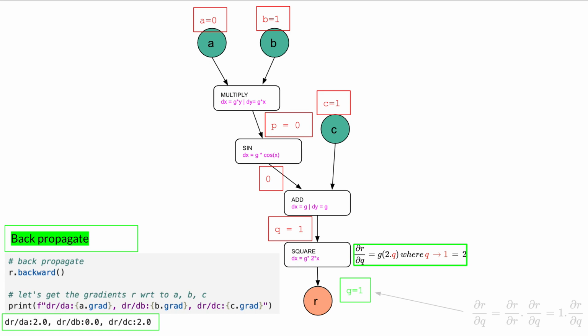So g, which is 1, times 2q gives us 2. Therefore, the partial of r with respect to q is equal to 2. So that becomes our new partial gradient, which we can then feed up as the input to the next step, or the parent node in the graph.